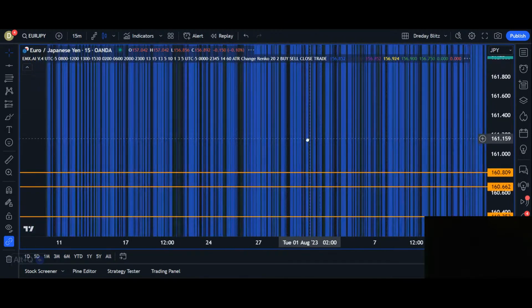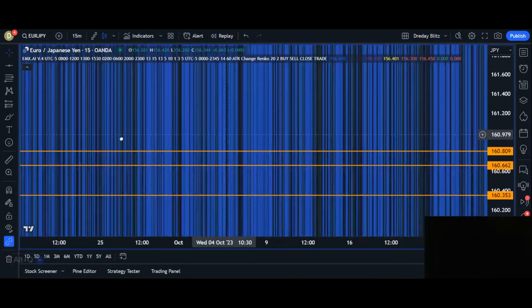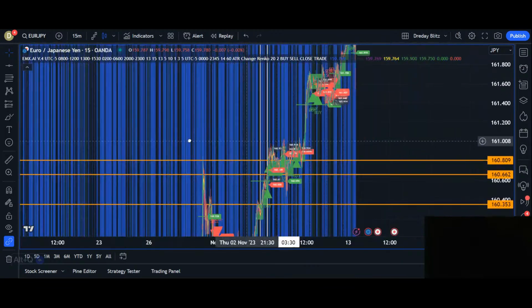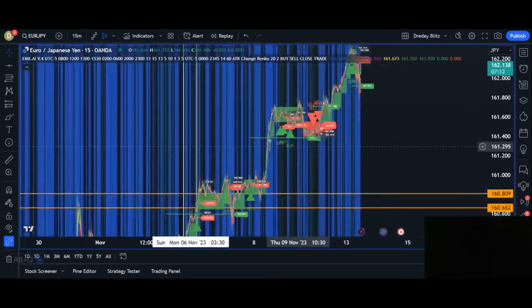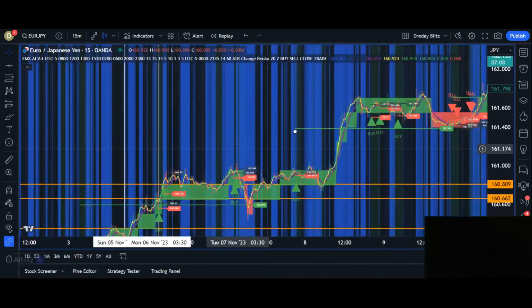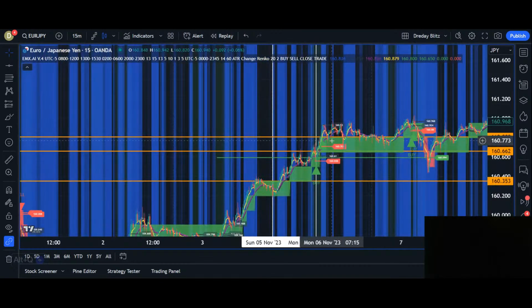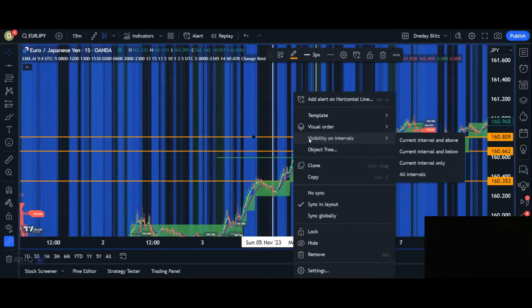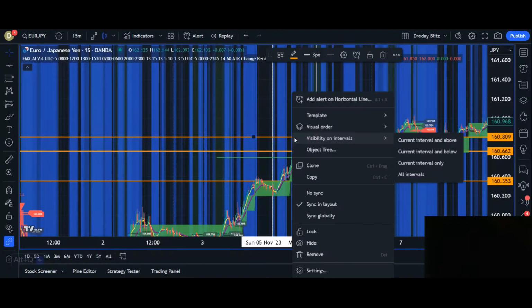Yeah, it's too far. Oh, here you go. So if we look at what we have as information, if we remove this line, I'm just going to remove this line.